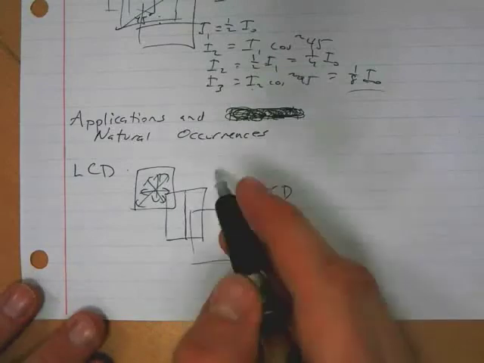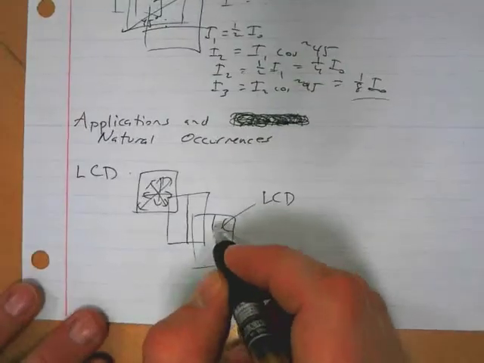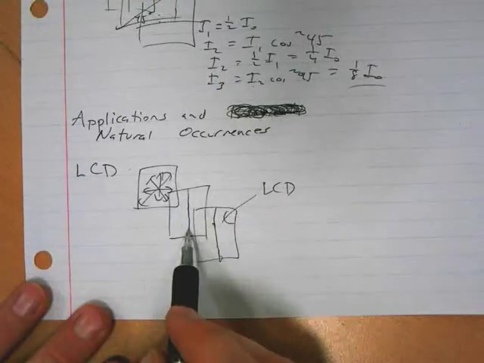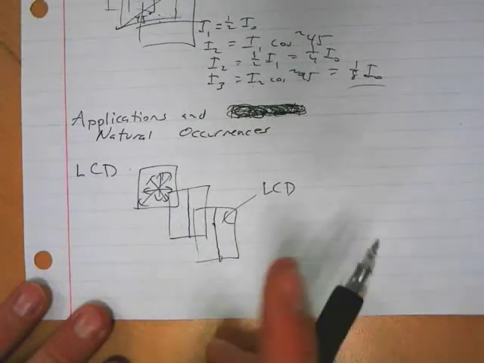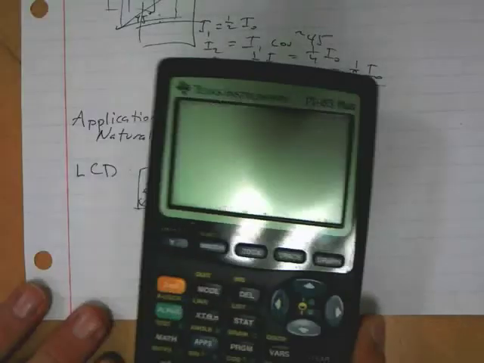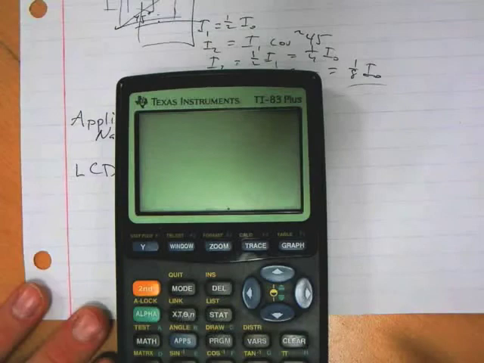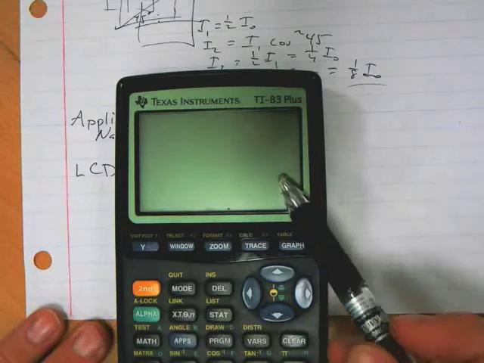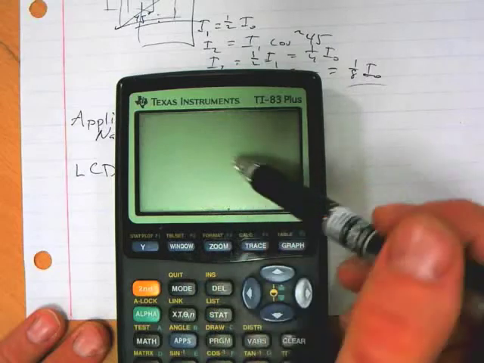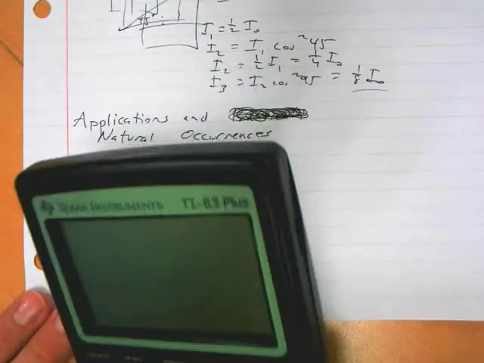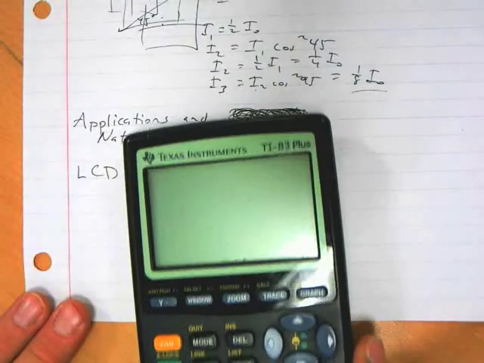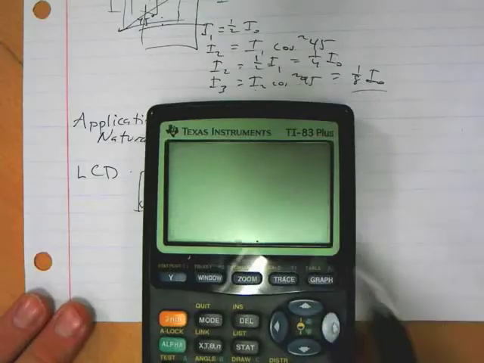So if the polarization is this way, then all of this vertically polarized light just passes through the LCD, and it reflects back off the back part of the display, and that's what the calculator looks like right now. So this vertically polarized light passes through the screen, hits the back of the display and reflects back, and we see this color, I don't know what you would call it, a little bit greenish maybe, reflecting back.